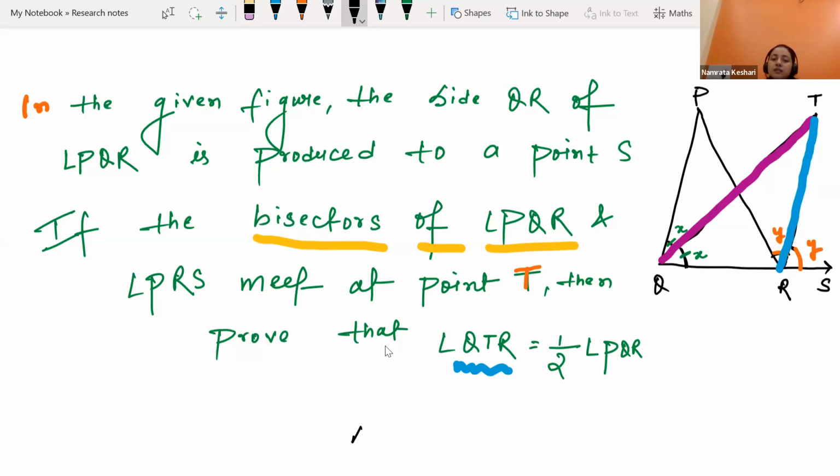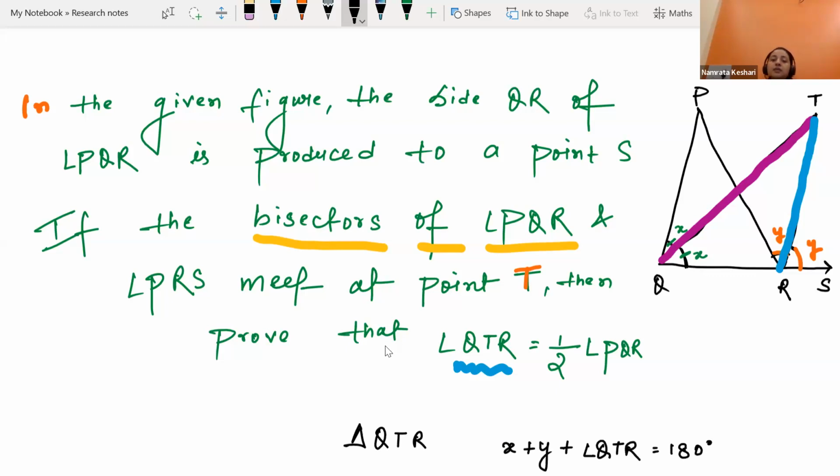Let's take a triangle. At first, we are trying to figure out what can be done. Triangle QTR. Angle sum property says x plus y plus angle QTR is equal to 180. Yes or no?